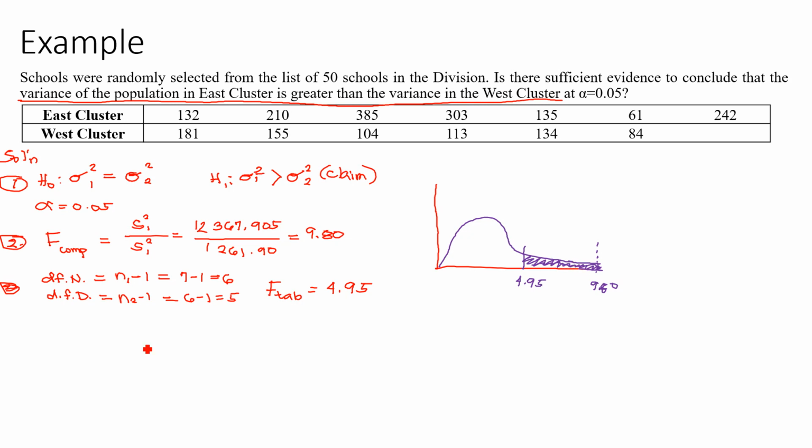In other words, for our step 4, since the computed F value is greater than the tabular F value, then we are going to reject the null hypothesis.